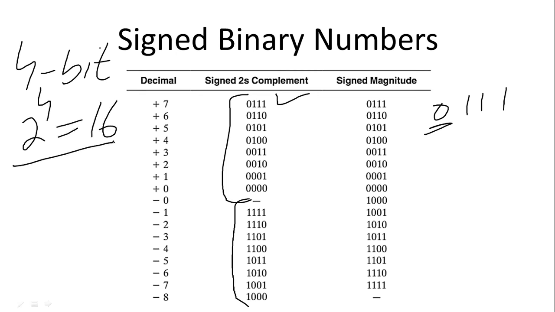But for signed numbers, the range is from positive 7 to negative 8, and 0 is in between. So the largest signed number is +7, and the smallest signed number is -8, and the total is 16.